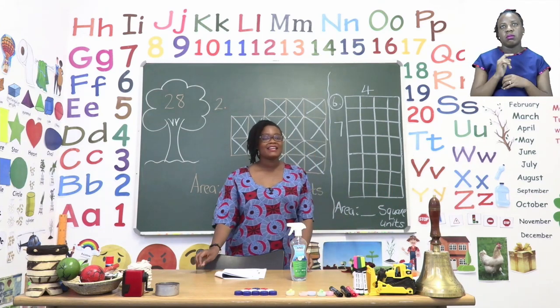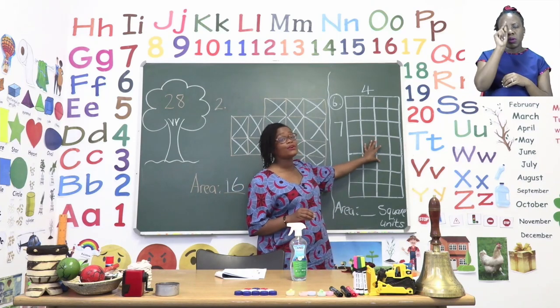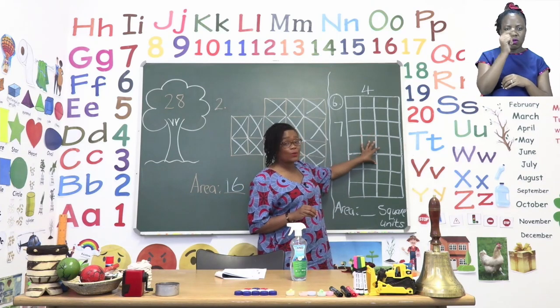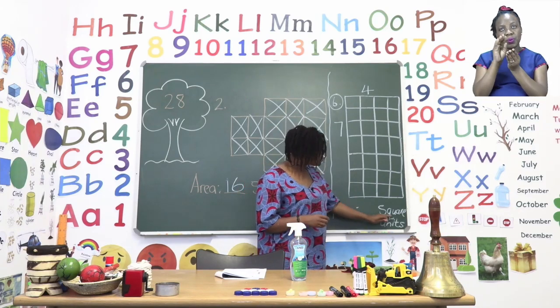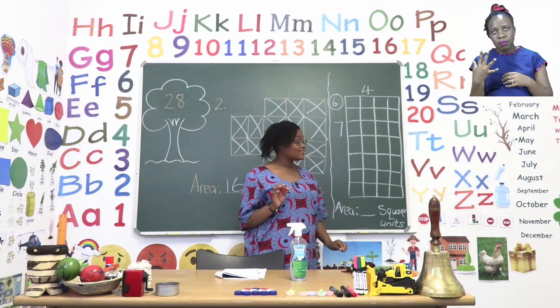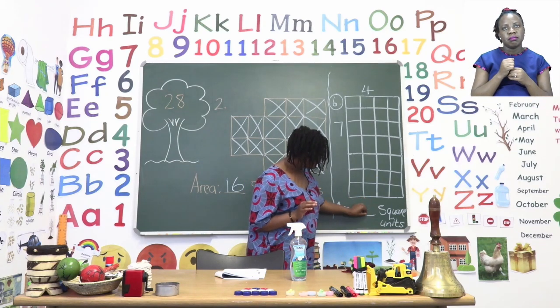So that means that once we put in our squares, we need to count them all together to find out the square units. And in this case, it is 28.